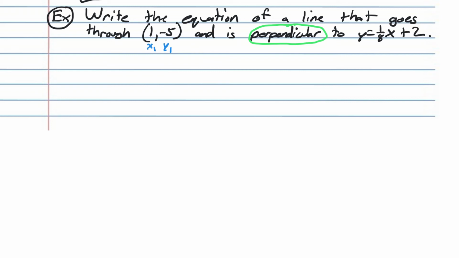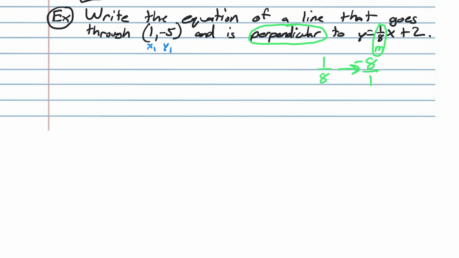So perpendicular means we're going to take the slope, which in this case, m is 1/8. If the word was parallel, we would use that 1/8. Perpendicular means we have to change it. Perpendicular means opposite reciprocal. So 1/8 is going to flip around and become 8/1. And the word opposite means you have to change the sign. Because it was positive, now it's negative.